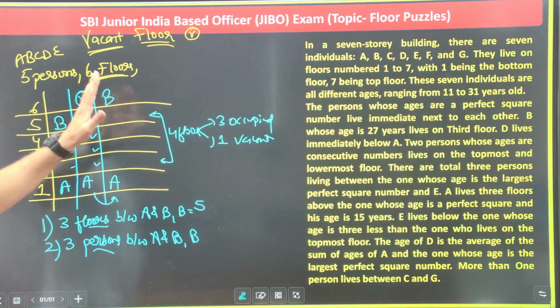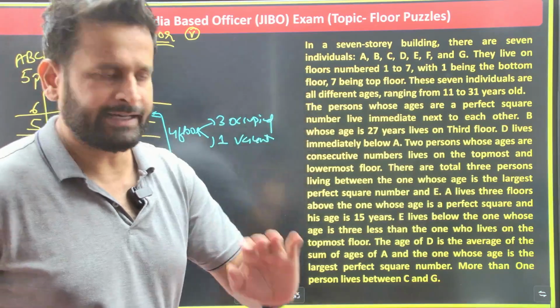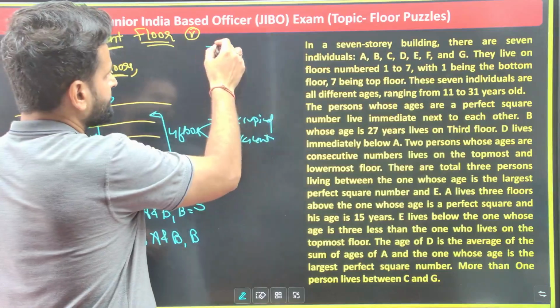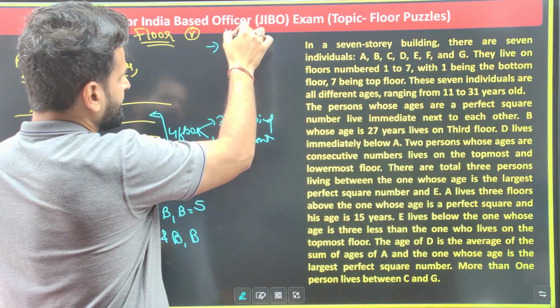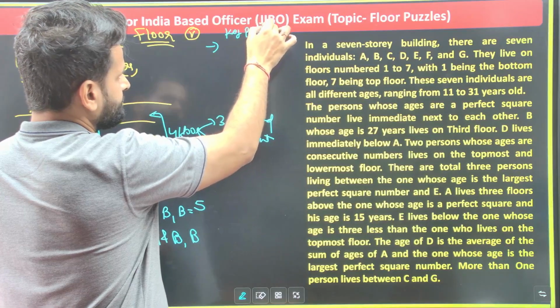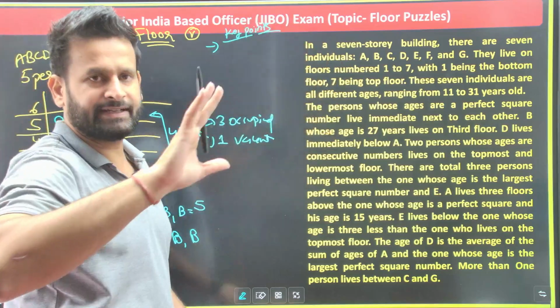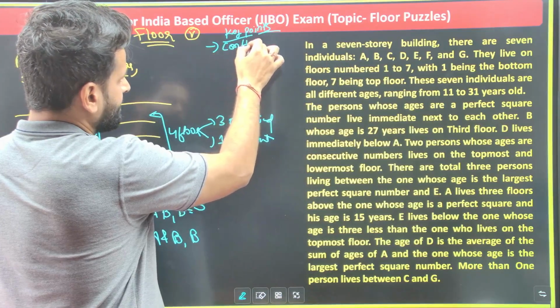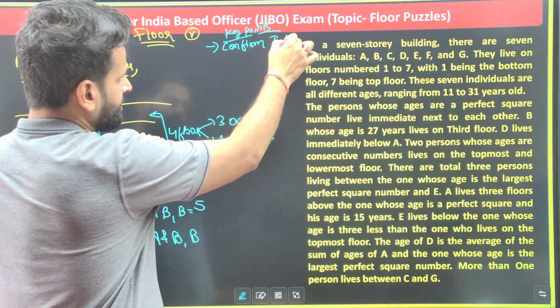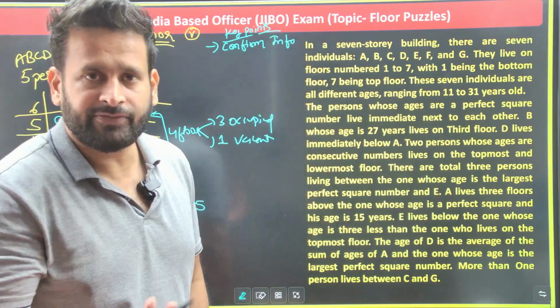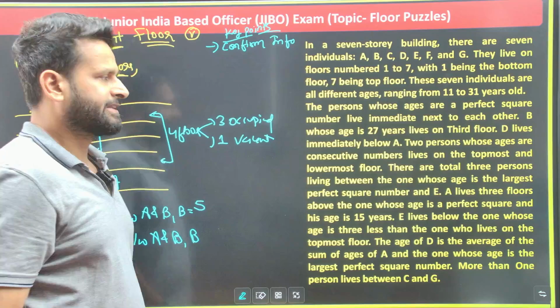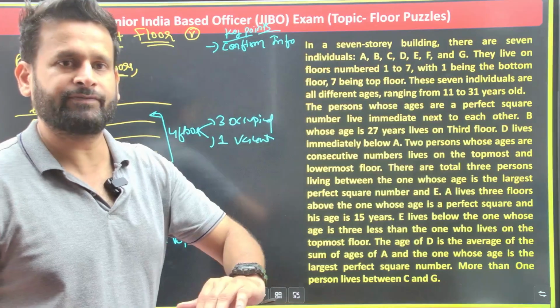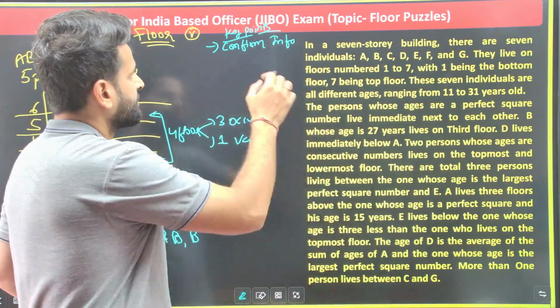Remaining everything is the same, related to the puzzle. Some key points related to every puzzle and every sitting arrangement. Try to start with confirm information, whatever information is given as confirm. For example, in floors, that person A is on the top floor, bottom floor, mid floor, exactly mid floor, and so on.